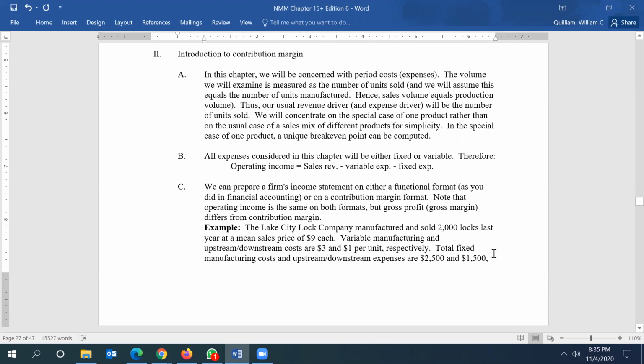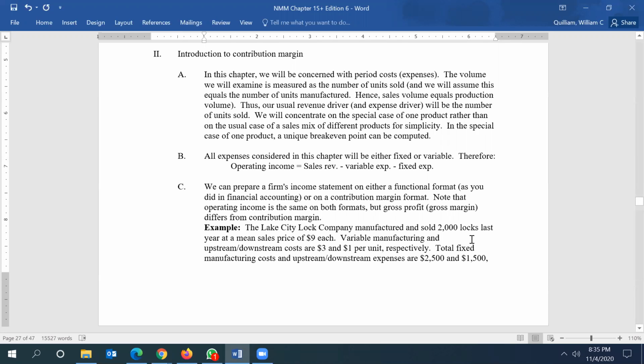I will show you. So as an example, let's go up to North Florida, to Lake City. If you've driven on 75 up north, you've driven through Lake City. So we've got the Lake City Lock Company, and it manufactured and sold 2,000 locks last year at a mean sales price of $9 each. I'd like to keep numbers small, they're easier to deal with.